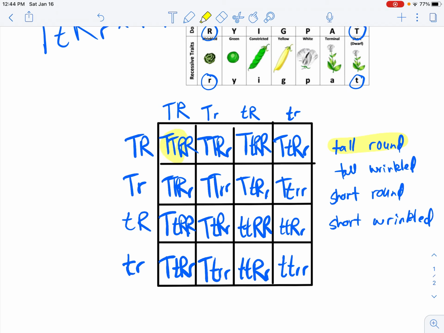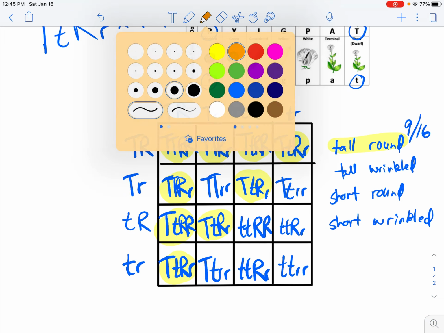Okay, so tall and round would be any that have at least one capital T and one capital R. In a dihybrid cross, that should be 9, and it isn't. Where did I mess up? Oh, that is 9. My bad. Okay, 9/16 will be tall and round.